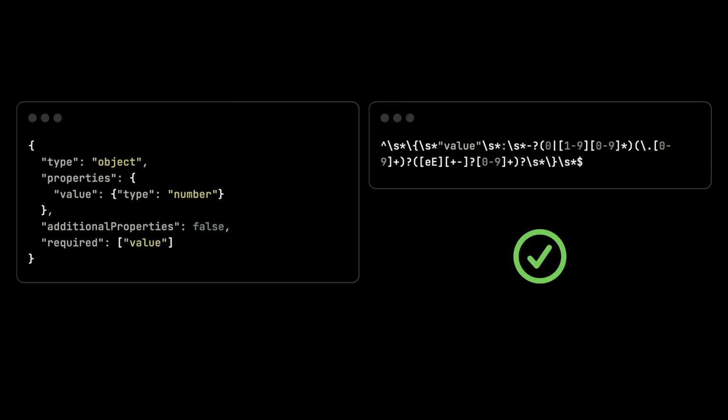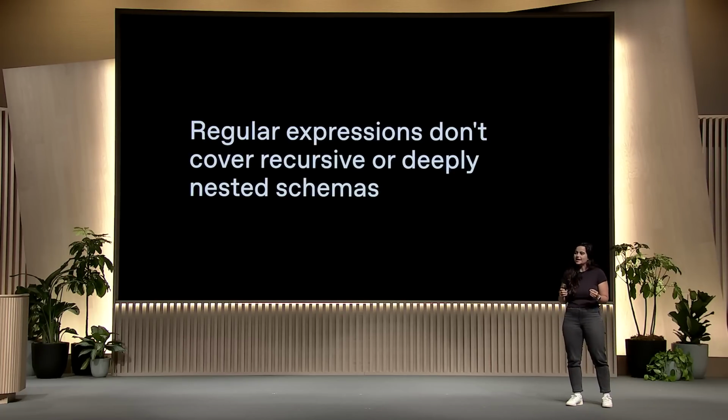It's actually pretty tractable to implement with a regular expression, which we have here. And this regular expression has about what you'd expect. First, we have the curly brace, and then we have some white space, then value, and then finally, a regular expression for number types. However, you actually can't implement all of the expressiveness with JSON schema with regular expressions.